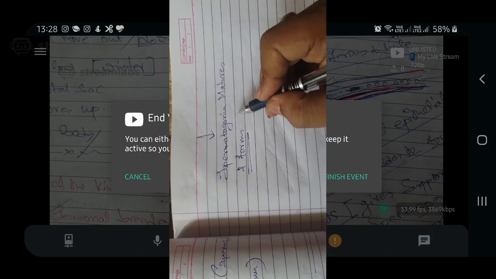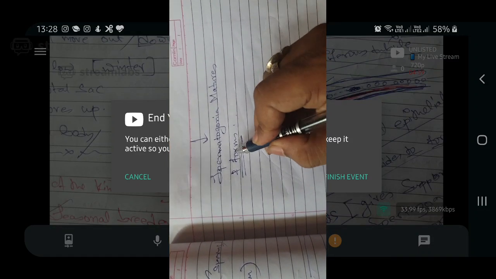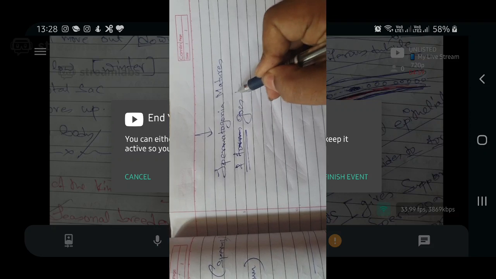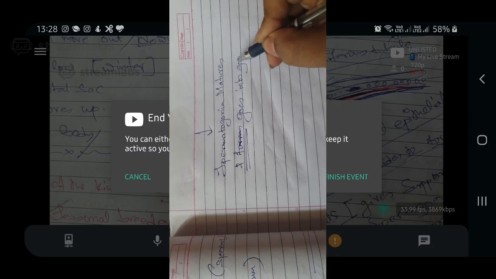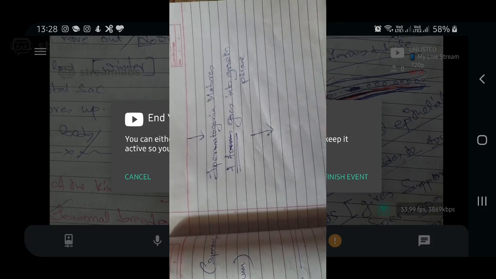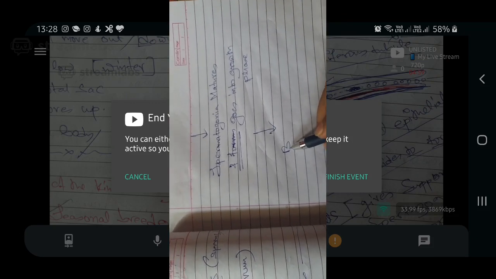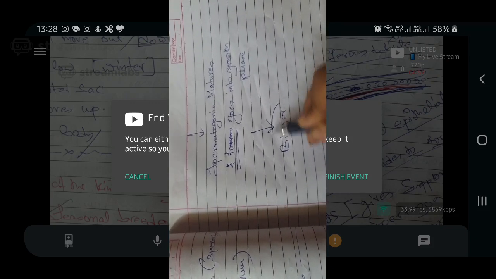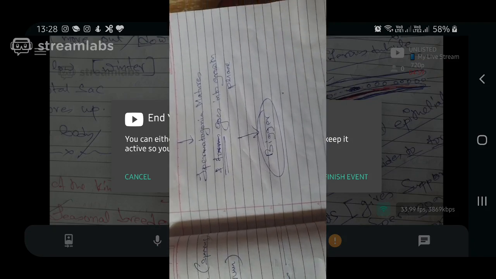Going into the growth phase means it becomes a little bit bigger. So that is one thing.